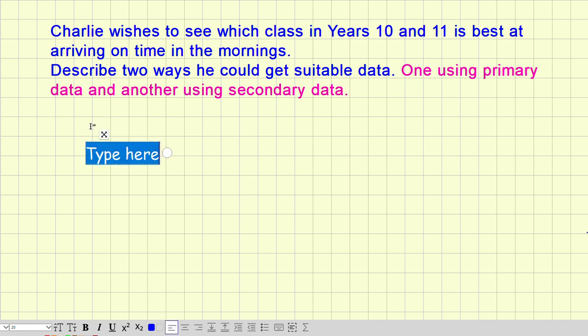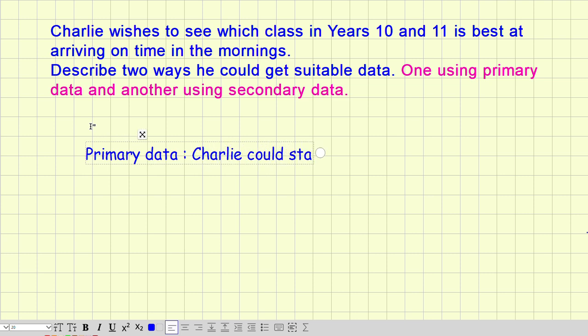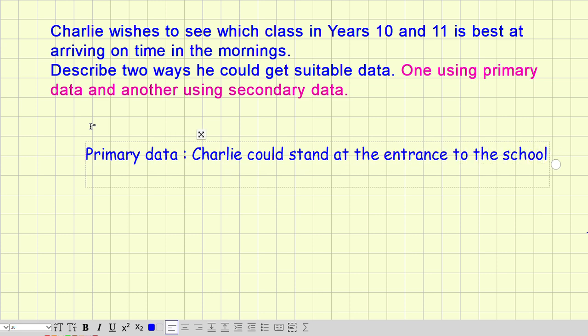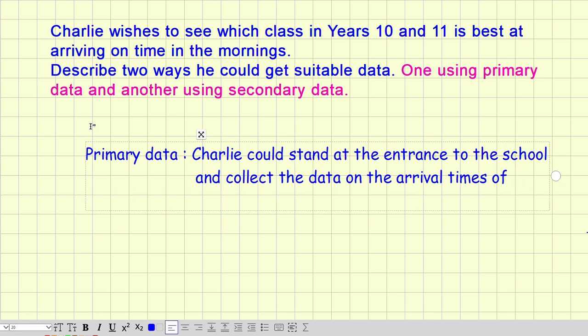So a primary data collection method, I mean, all schools are different. But in my mind, at the school I particularly work at, Charlie could stand at the entrance to the school and collect data on the arrival time of year 10 and year 11 students.